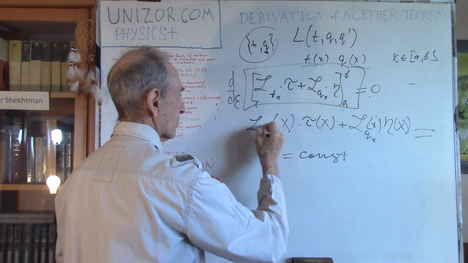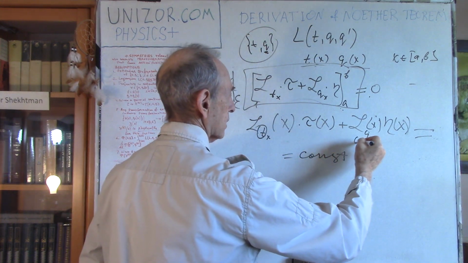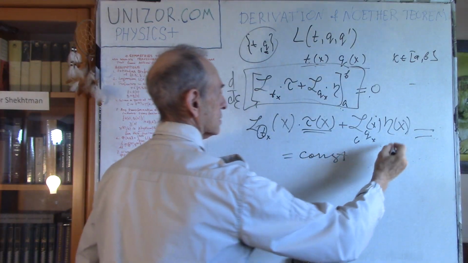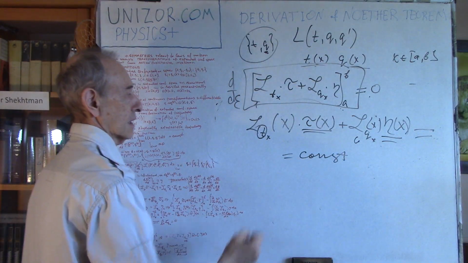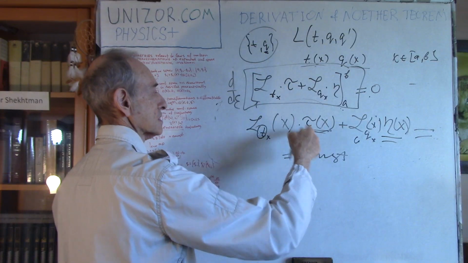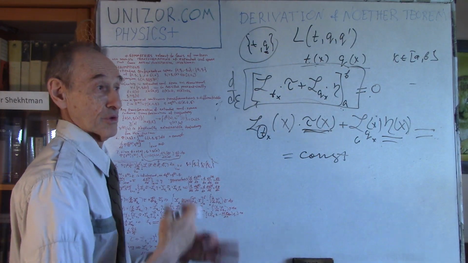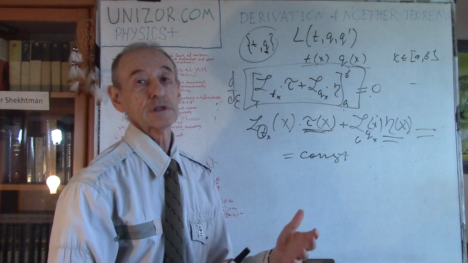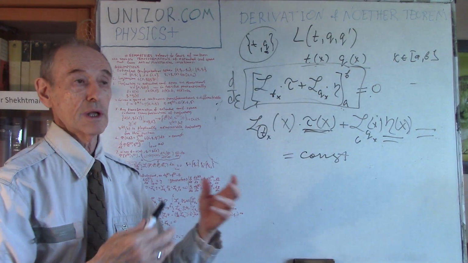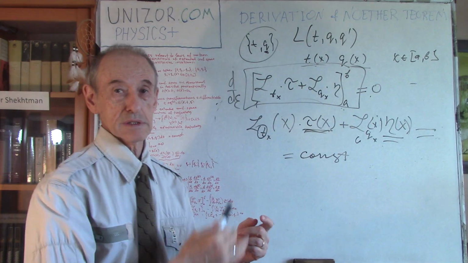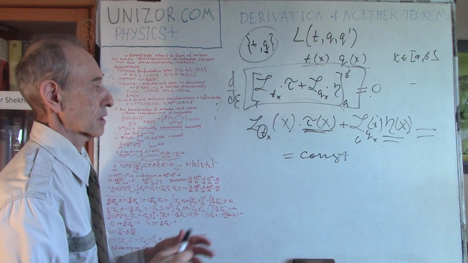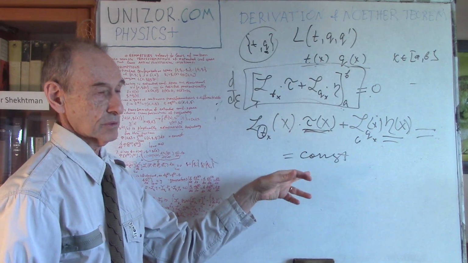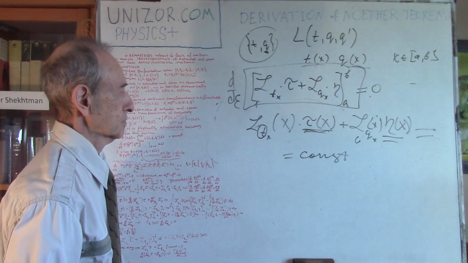Coordinate T is the first coordinate, then Q1, Q2, Q3, they're all symmetrical. So these are called generators. It's a change of the coordinates at epsilon is equal to 0, or speed, if you wish. Speed of the changing of coordinate by transformation, whenever the transformation starts basically doing transforming. So it's a derivative at epsilon is equal to 0.